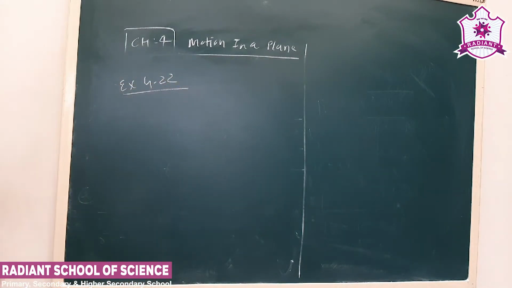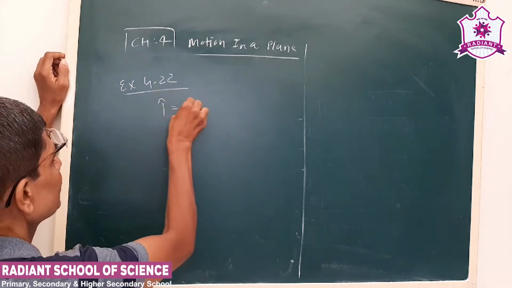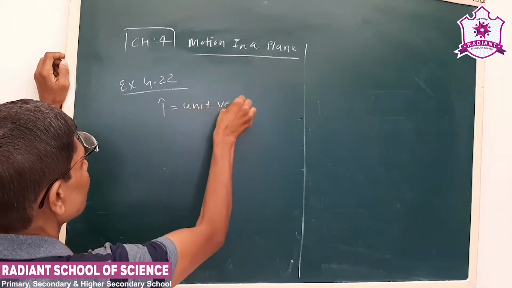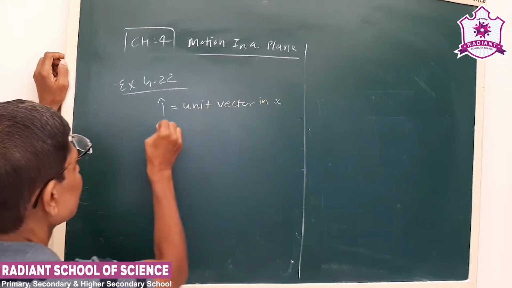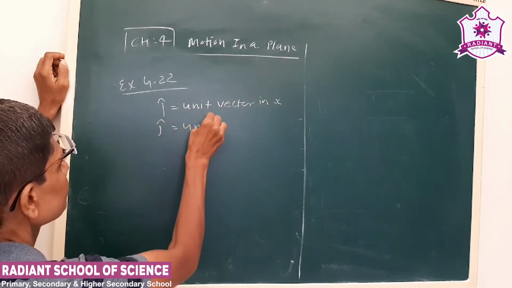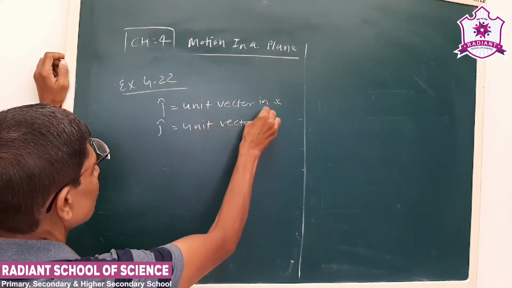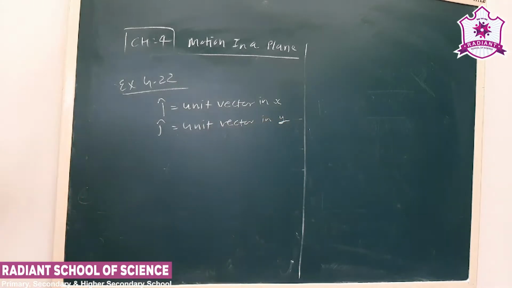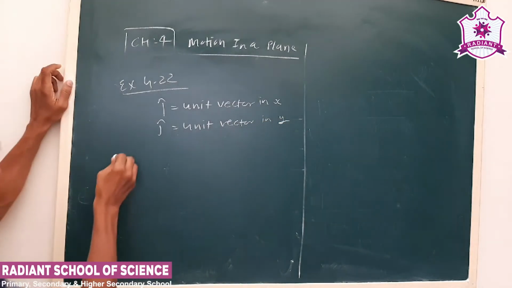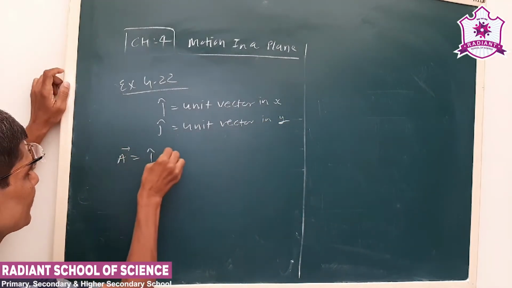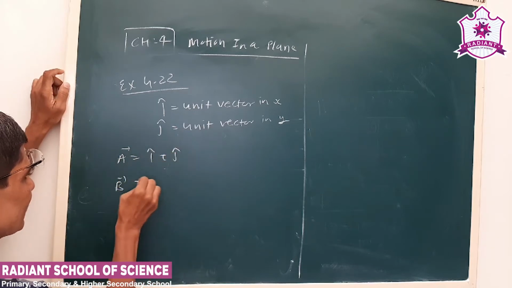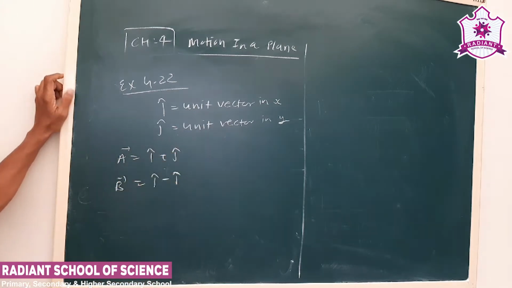Now see, we know i caret is a unit vector in x direction, and j caret in y direction. Now suppose vector A is i plus j, B vector is i minus j.